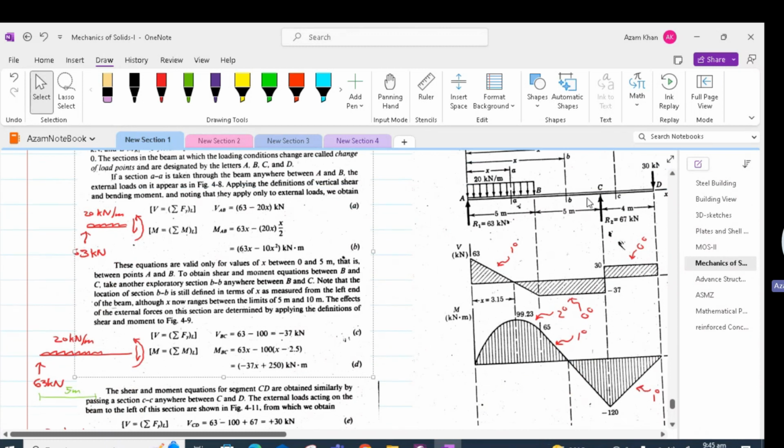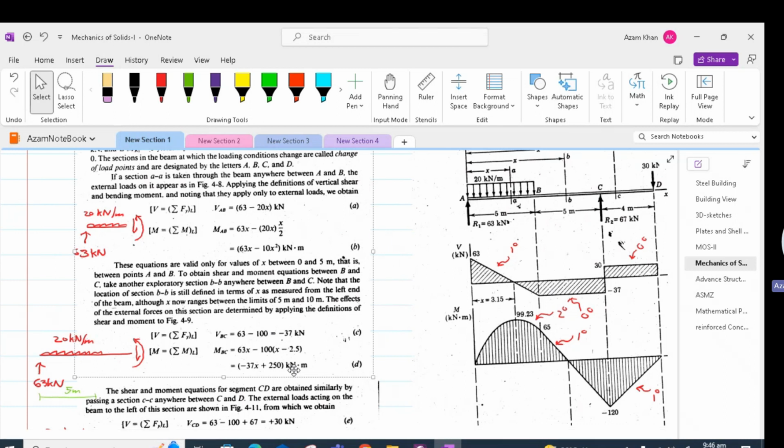In the case of region BC, we worked out our first degree moment as minus 37x plus 250. If we put x equal to 5 in equation D, we should get the moment value as 65. Thus, equation B at the boundary B must give us the same value of moment as equation D at the boundary B. If we don't get the same value in the case of moment, then that would mean that we have made some mistake.